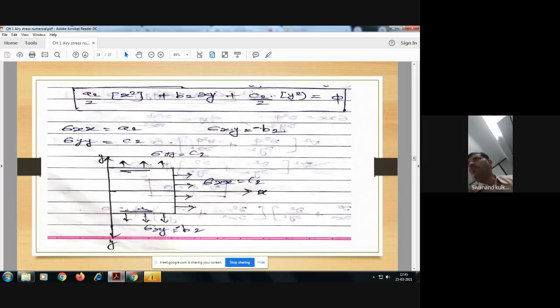And similarly for the last part here, once again this will be equal to c2 upon 2. So if we take the integration here, then this is going to become y2. So y2 means after taking integration this will become y raised to 3 divided by 3, and this divided by 3 into 2, this will become 6.